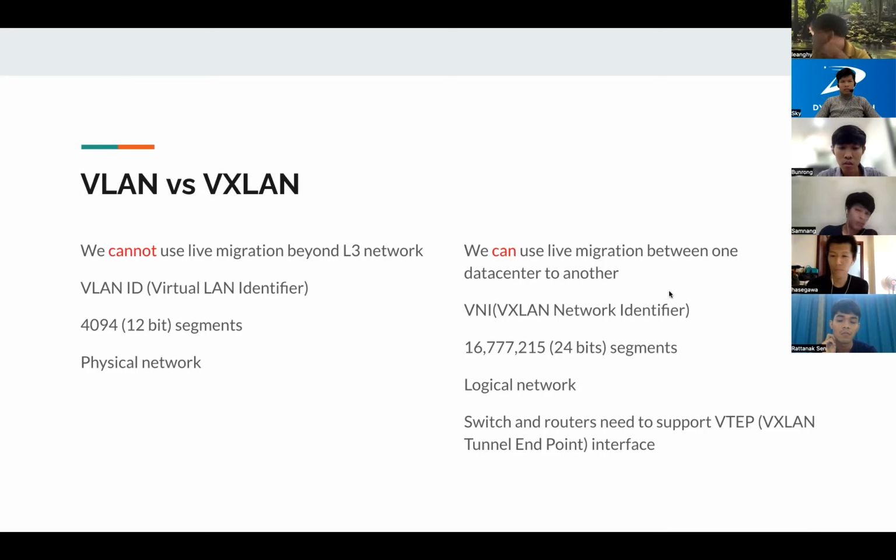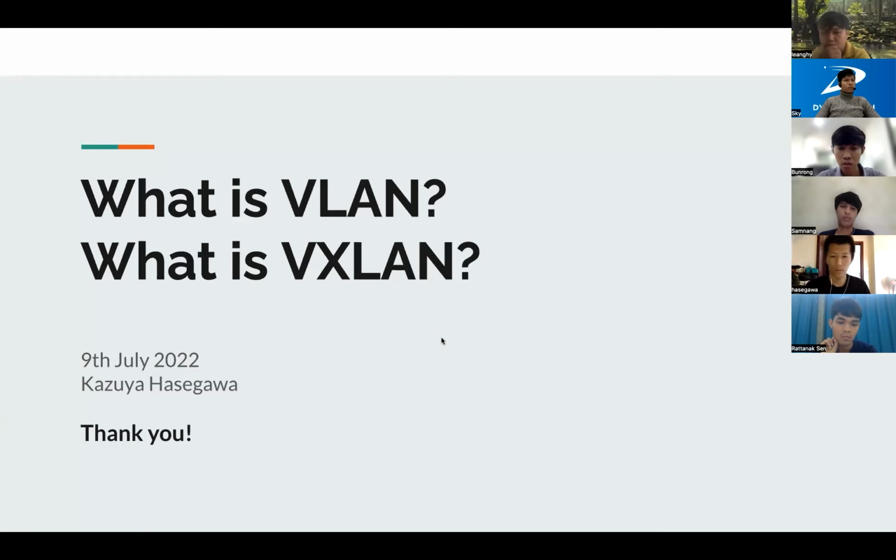The ID used is the VLAN ID and the VXLAN network identifier. VXLAN supports a lot of segments, and it can use a logical network. But switches and routers need to support the VTEP interface. They need to understand the VXLAN protocol encapsulation. Yes, that's all. Thank you for listening.